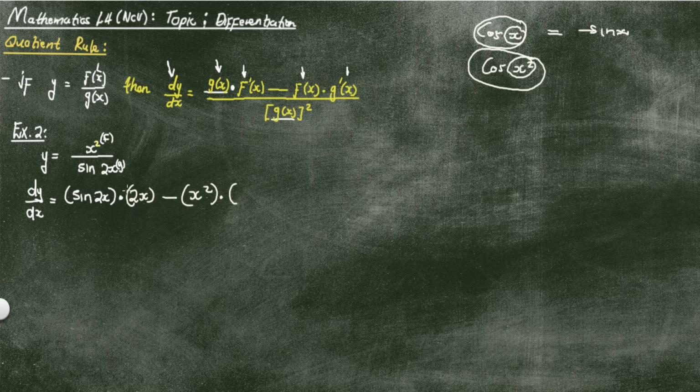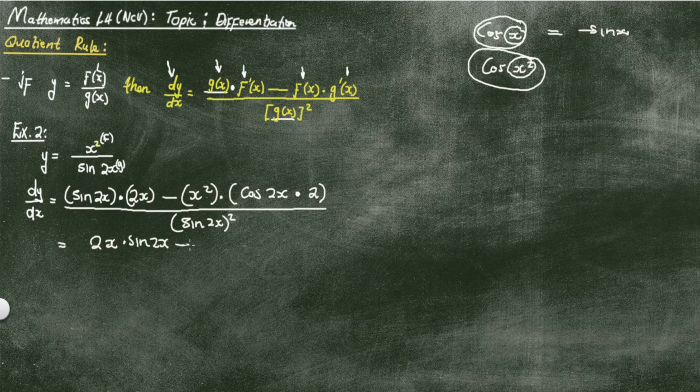Then the derivative for this, since I have a sine, is going to be cos 2x. Then we take the tiny function, the function within the function, and differentiate it as well. So the derivative of 2x is just 2, divided by sine 2x squared. Then this 2x sine 2x minus this times that gives us 2x squared cos 2x.